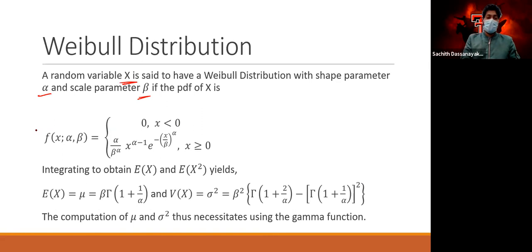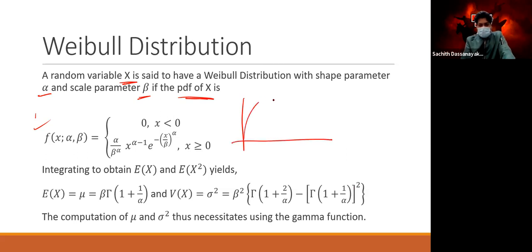The PDF of the Weibull distribution is this. Again, this Weibull distribution is defined for x greater than 0. For x less than 0, it is 0.